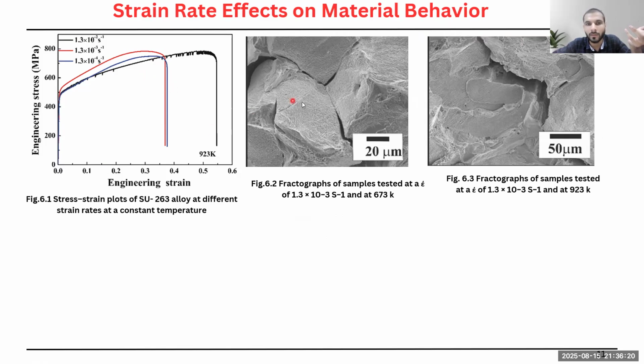And when it comes to the microstructure, at 673 Kelvin, you can observe more defined fracture features, also with limited plastic deformation. And at 923 Kelvin, you can see these fracture features are ductile.